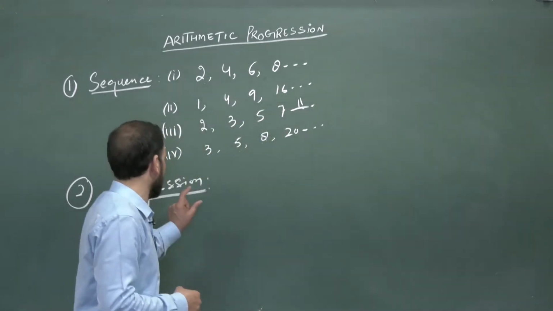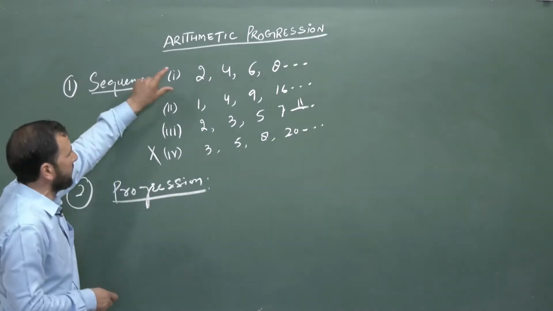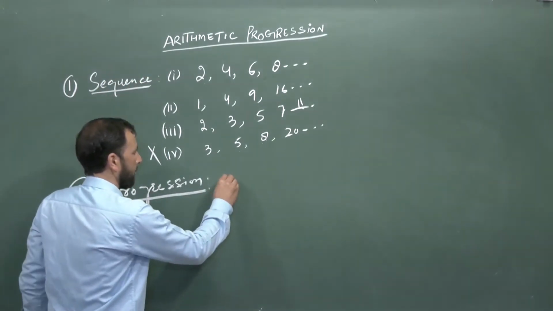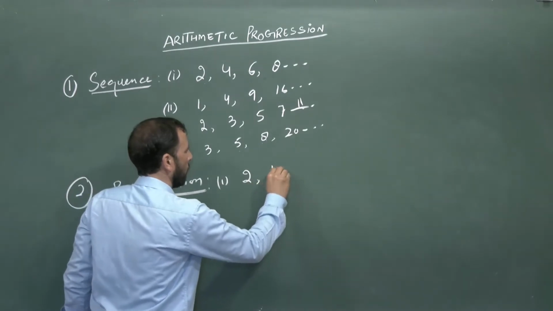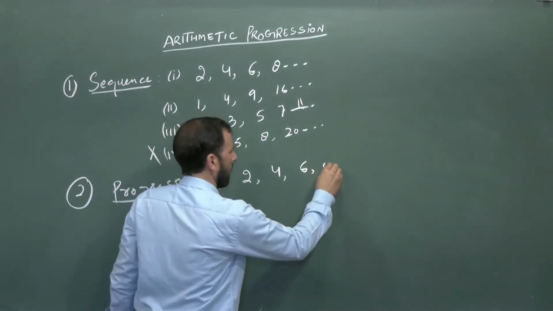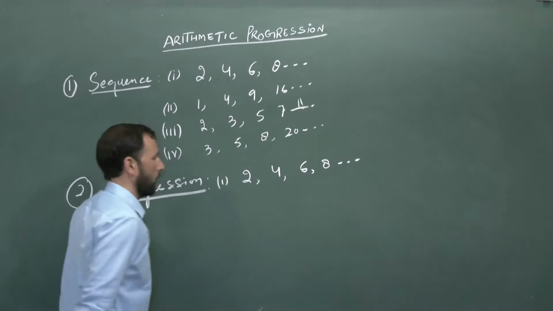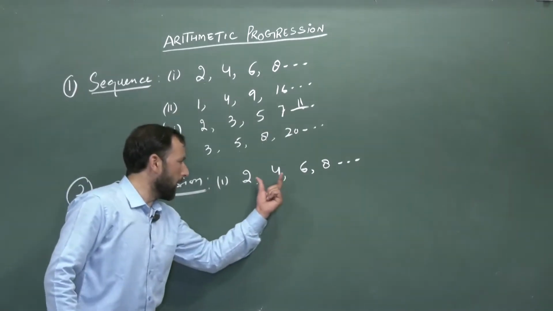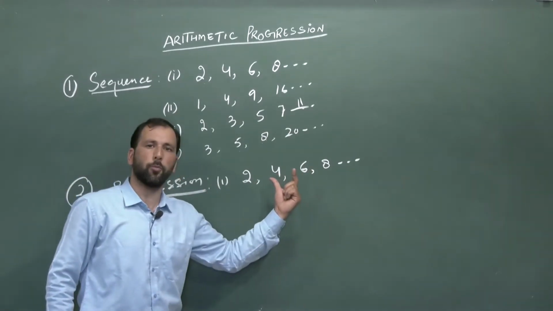So let us take the same example 1 here, 2, 4, 6, 8 and so on. So here the numbers in this sequence are said to be the terms.